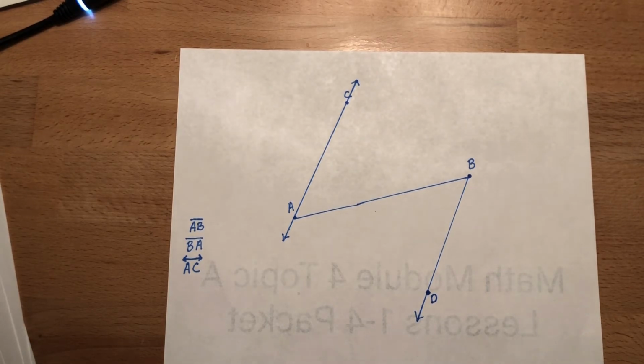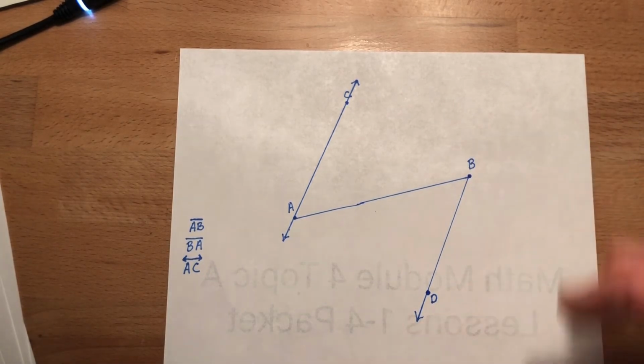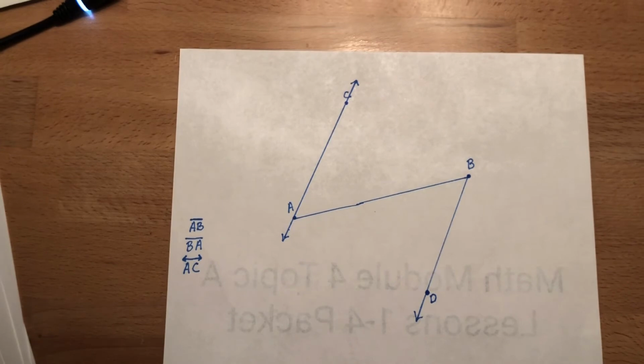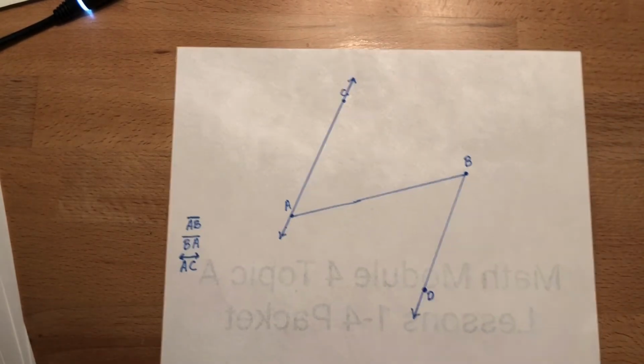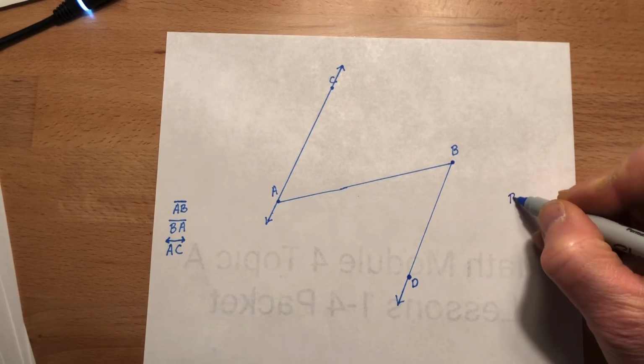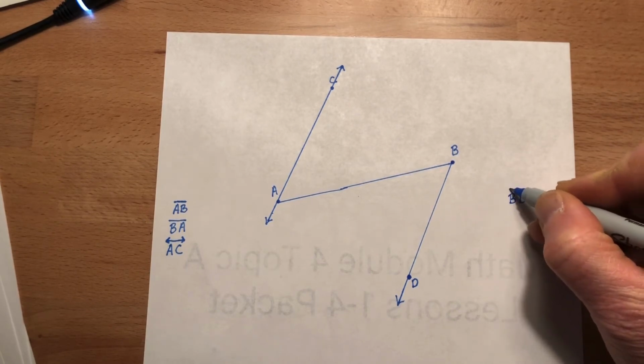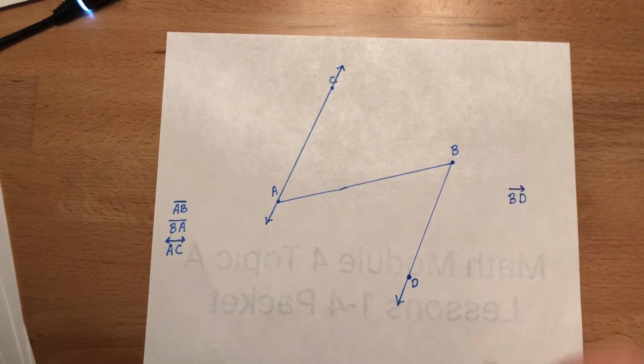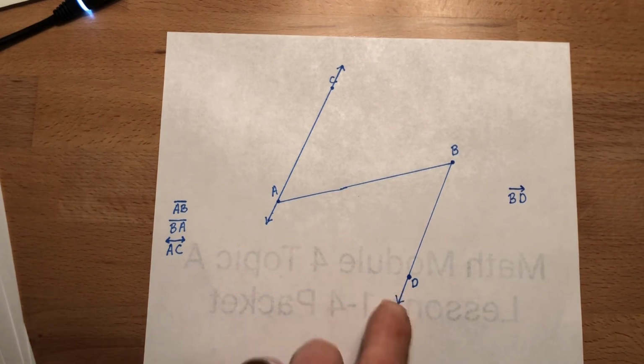Now, this is called something special, okay? This here is called a ray. That's right. This here would be called ray BD. So I say BD, and it'd be called a ray. One arrow on the side. Now, I like this here. I remember learning this back when I was your age.